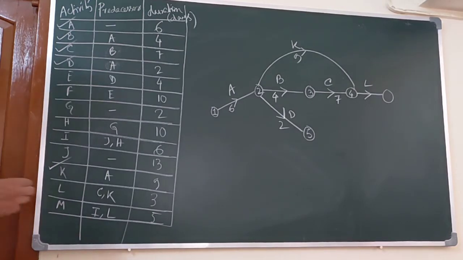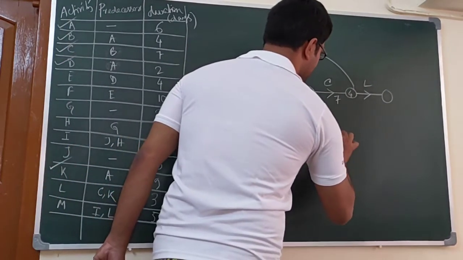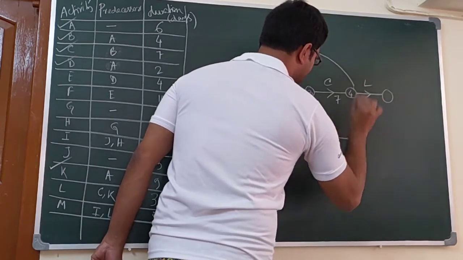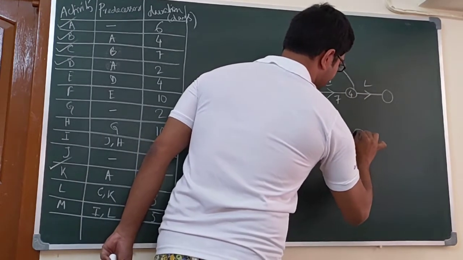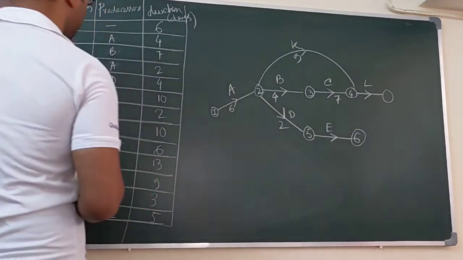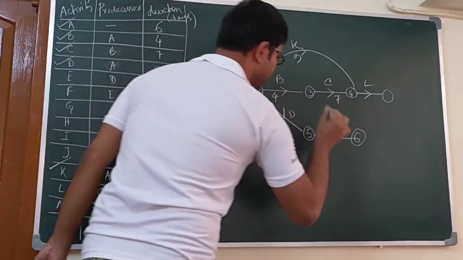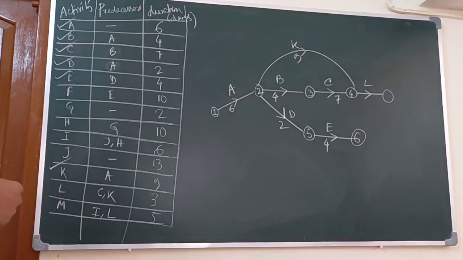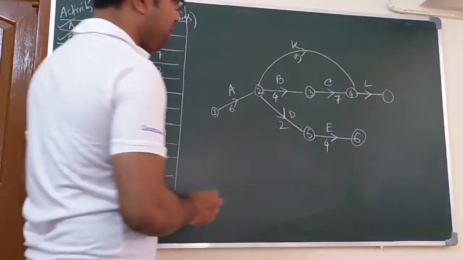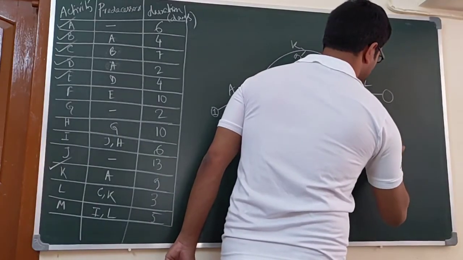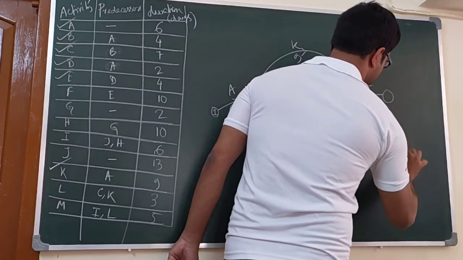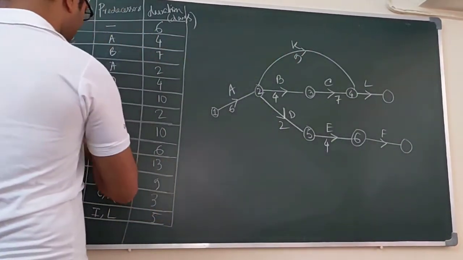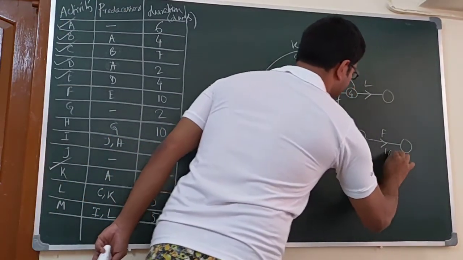E comes from D. Let this be our E, between events 5 and 6, and the duration is 4. F comes from E. Let this be our F, and the duration is 10.